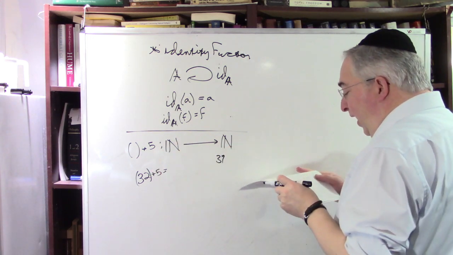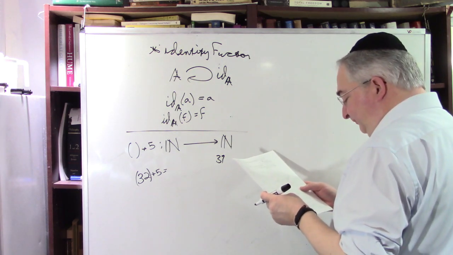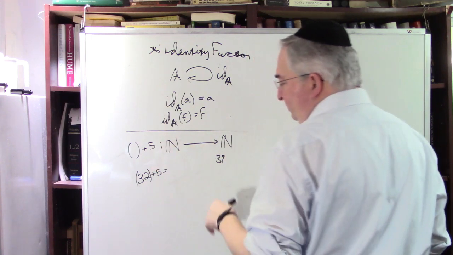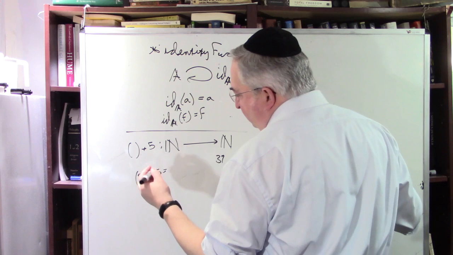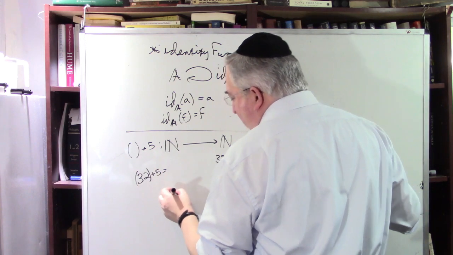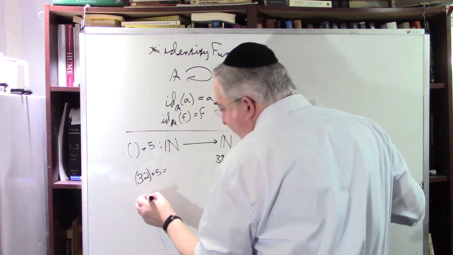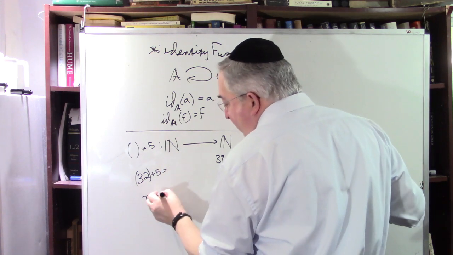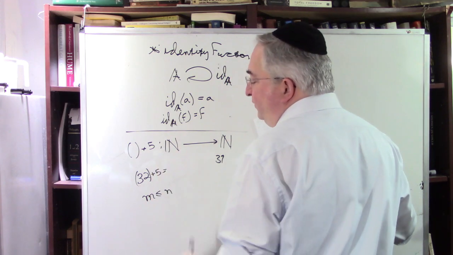Now I have to show that this is a homomorphism, which means it respects the morphisms here. This is how it's defined on objects. The main thing is, how is it defined on morphisms? What are the morphisms here? Well, there's a morphism from m to n if m is less than n. There's a single morphism from there.